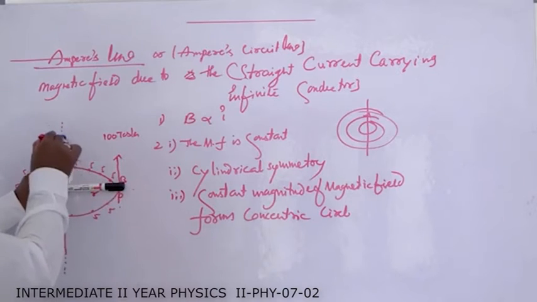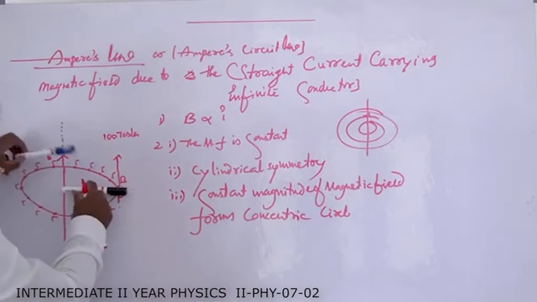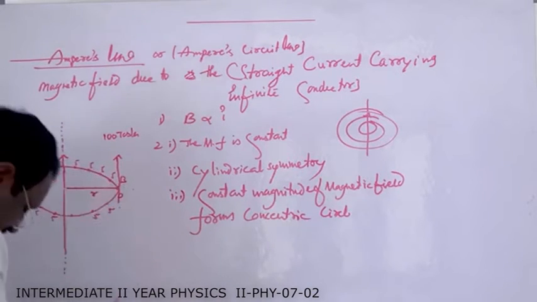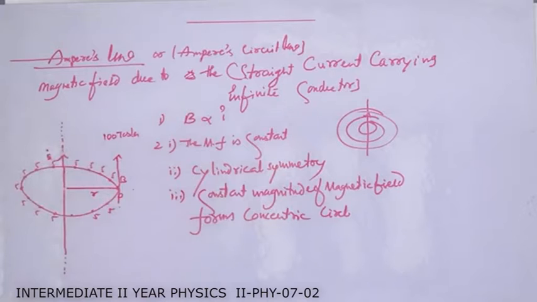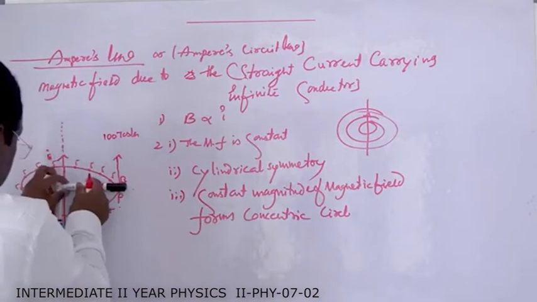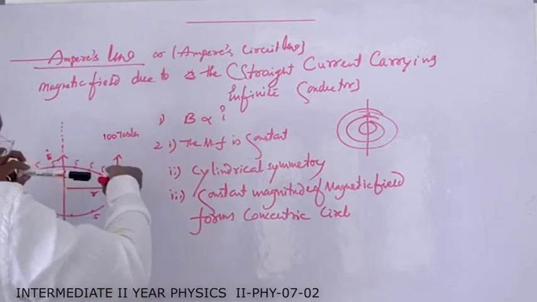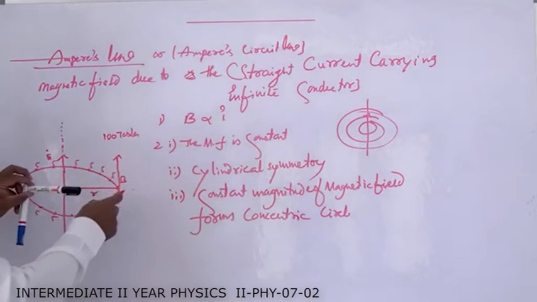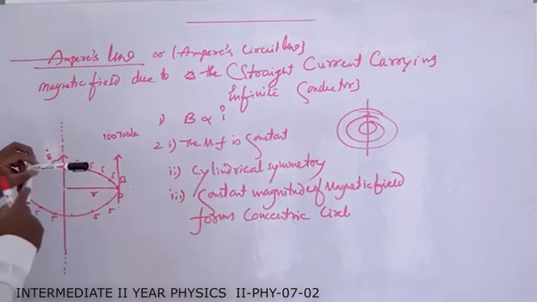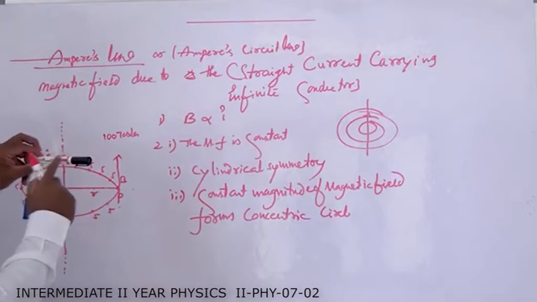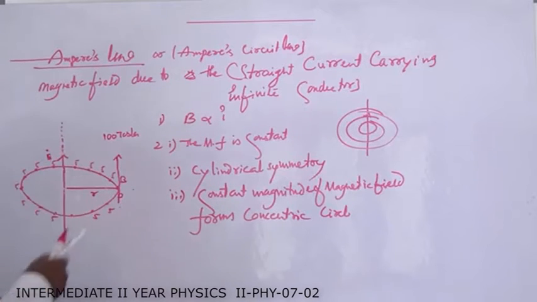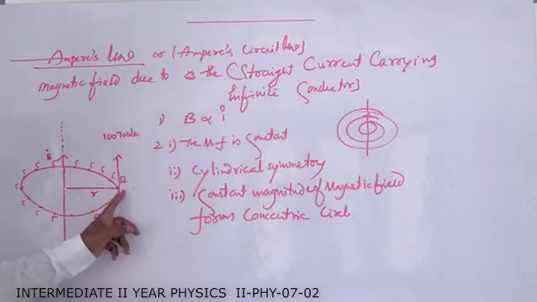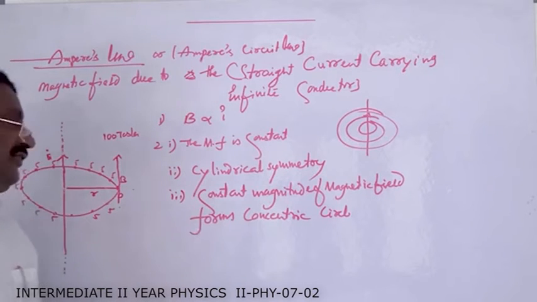If the direction of flow of current changes, the direction of the magnetic field is into the board. So the direction of the magnetic field is always perpendicular to the plane containing the source and position vector. In the case of a circular loop, the tangent at this point gives the direction of the magnetic field.